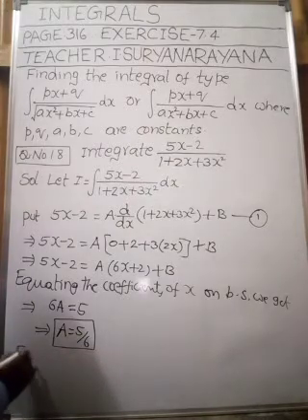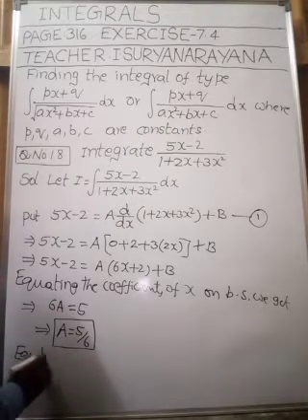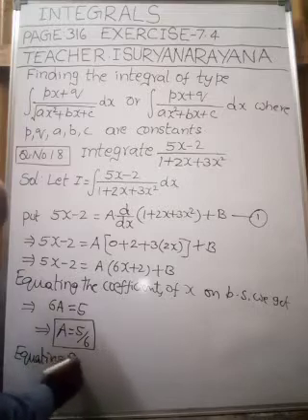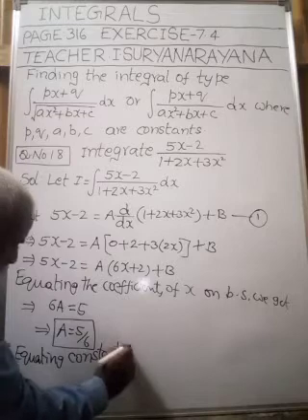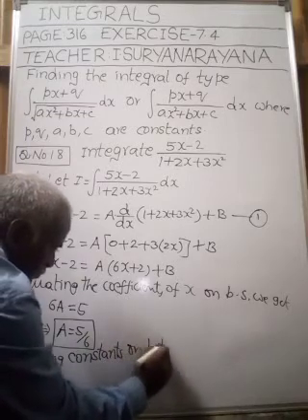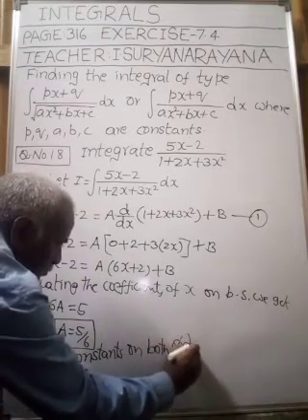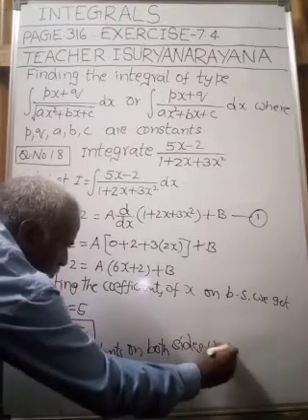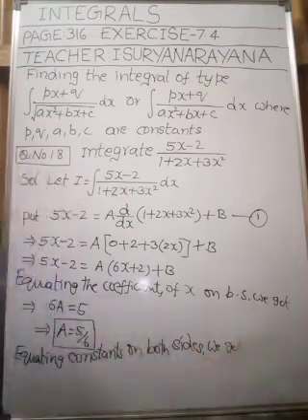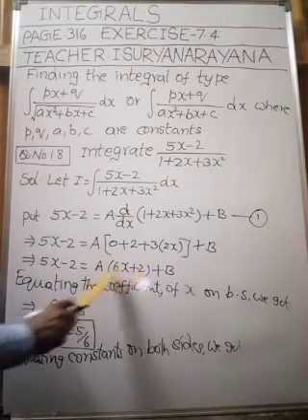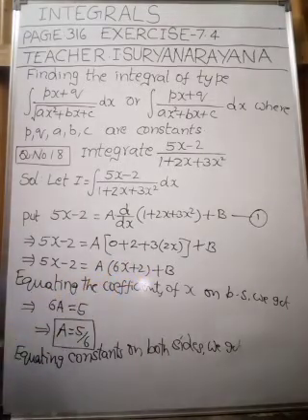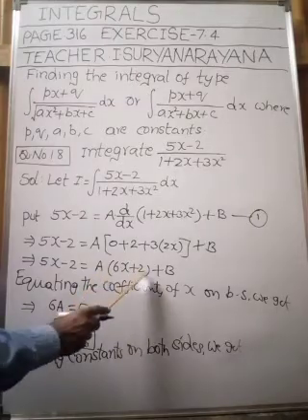Equating the constants on both sides. Again come to RHS. First from RHS let us write the constant terms. What is the constant term? 2 into a.